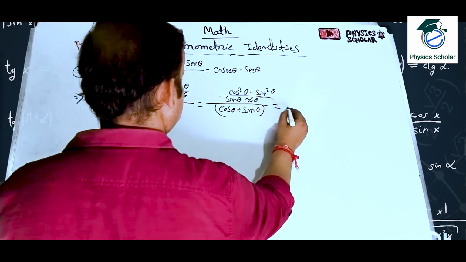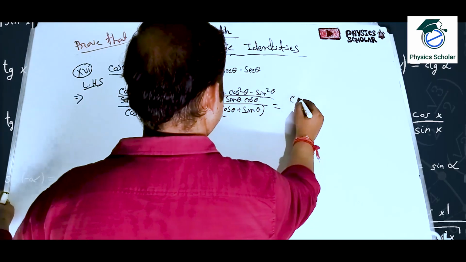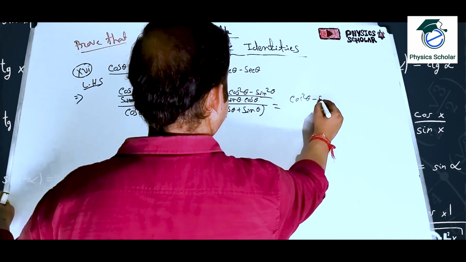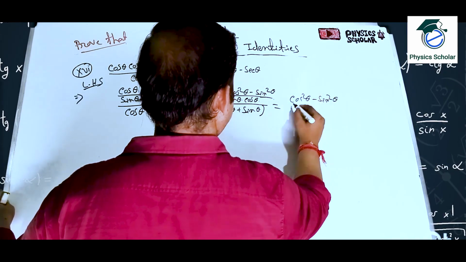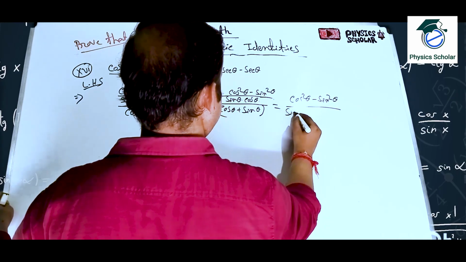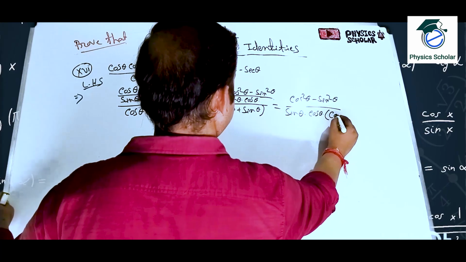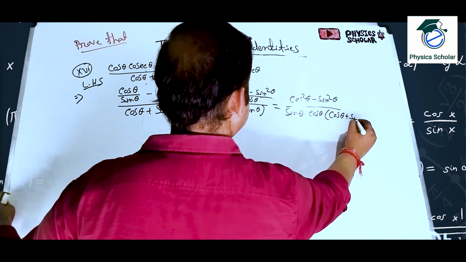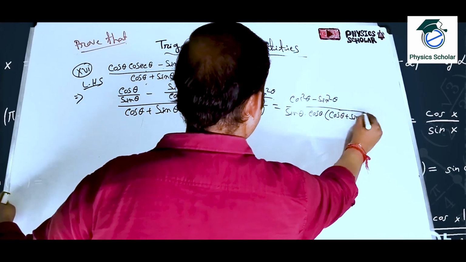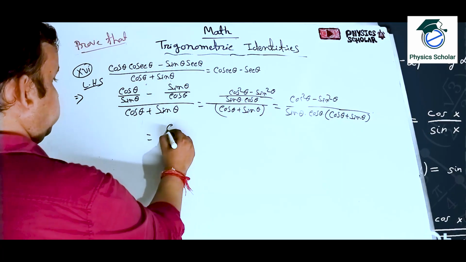So what we can write? Cos square theta minus sin square theta divided by sin theta into cos theta into cos theta plus sin theta. So what can we write?